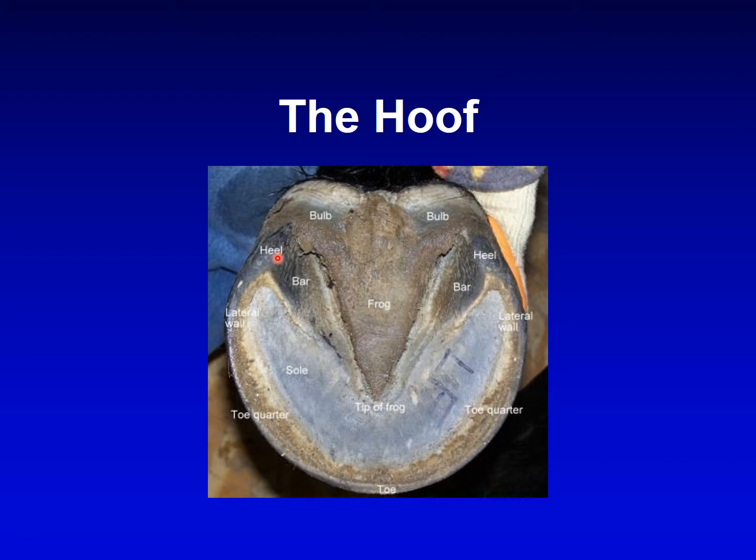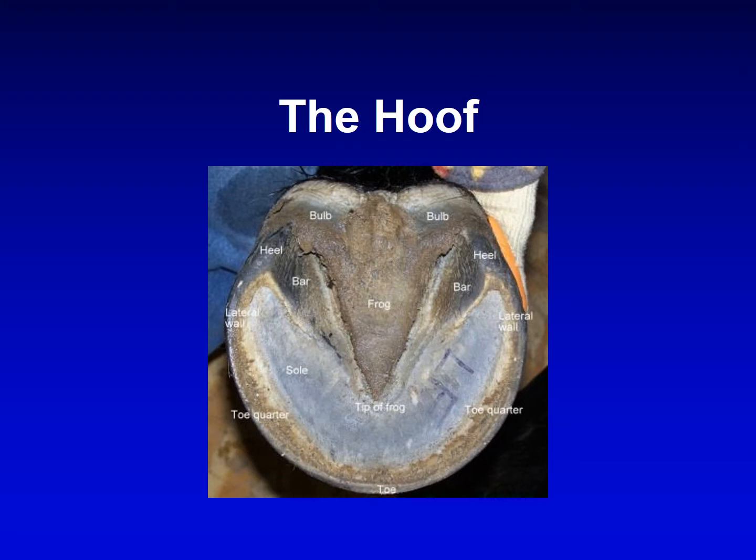Now, the frog has the apex and then the bulbs. All of them together make the hoof as we know it.